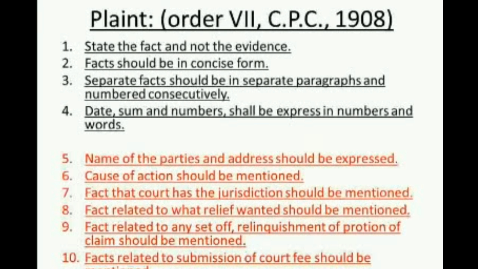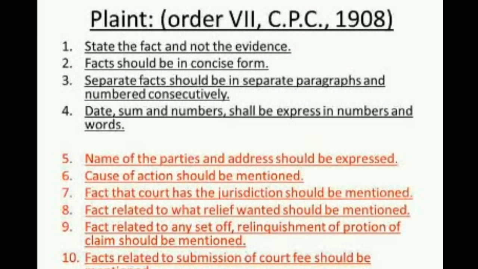But the reality is the writing of a plaint or written statement is the simplest one. It is simple, like writing an application for fever to get a holiday from school. It is so easy once you get the basics. Most people do not know the basic points behind plaint and written statement.